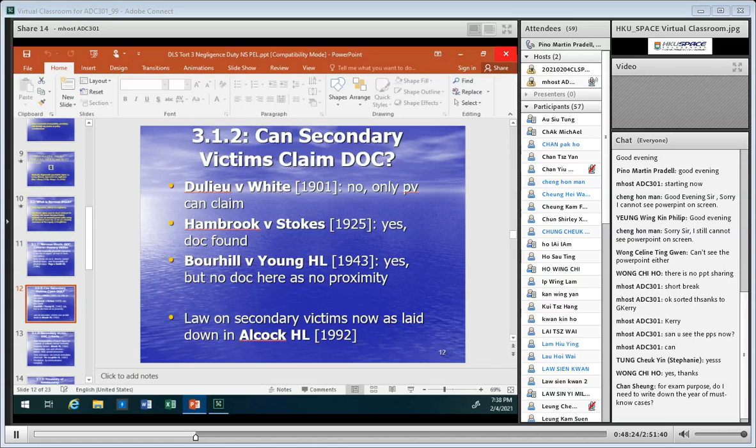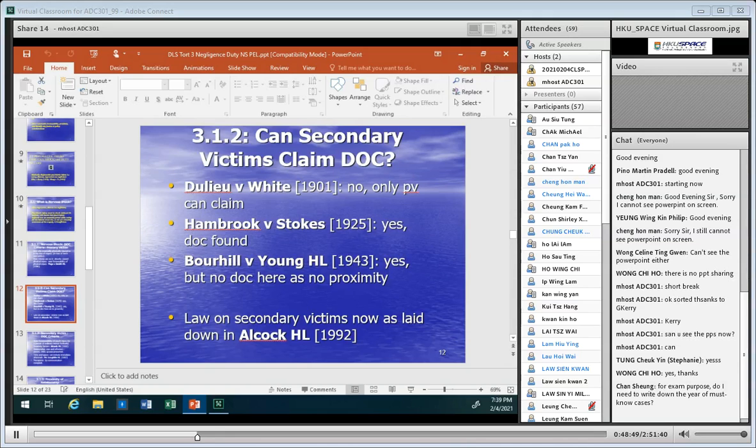And so no duty of care owed in Bourhill and Young. Okay? So, interesting cases. This is just tracing the development of the law with regard to secondary victims. So who is a secondary victim? Somebody who suffers nervous shock but is not in the line of impact. Okay, he's not a primary victim, he's only a secondary victim.